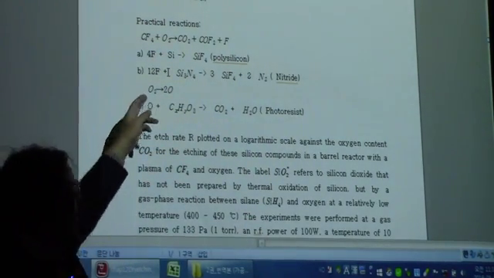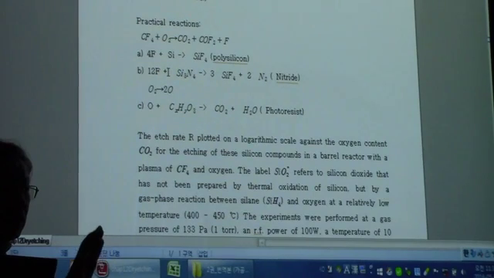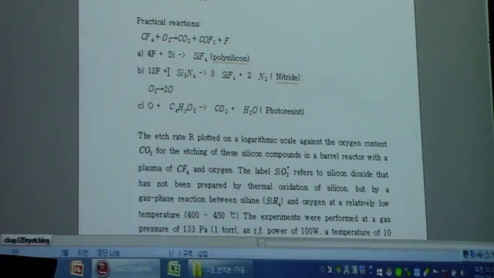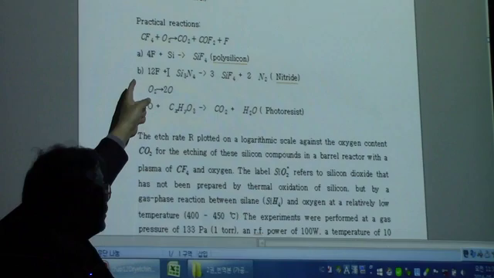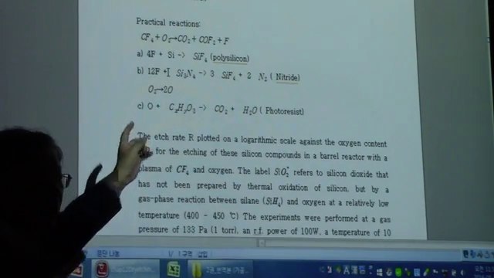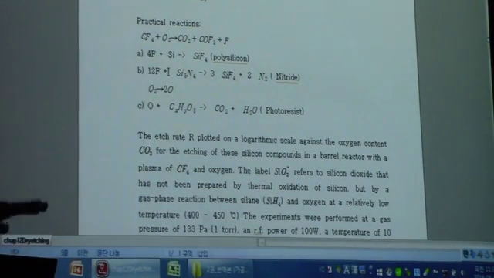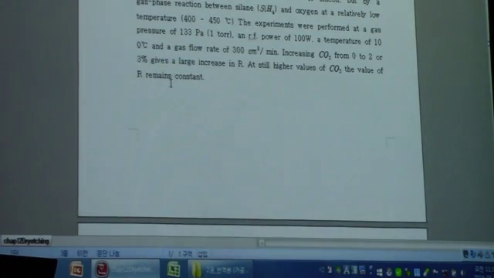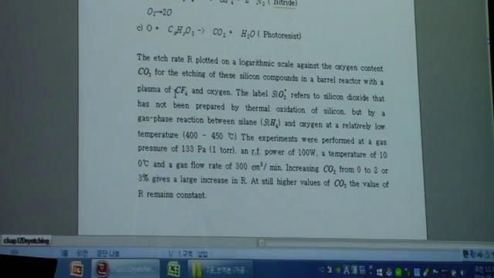That's why the oxygen addition will increase the etch rate, but if you add more than 3 to 4% of oxygen, then that oxygen is going to dilute the CF4 gas itself, so that the etch rate is going to be saturated, as you can see here. Okay?